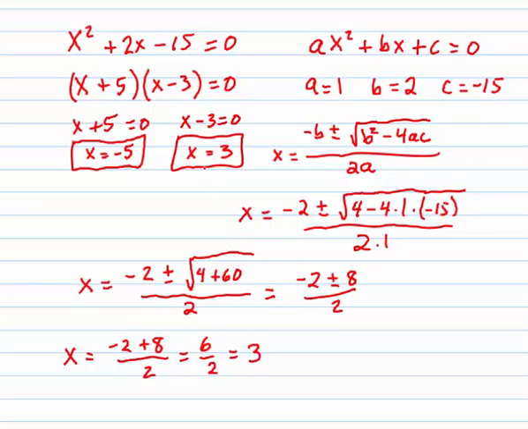And that's one of the answers that we got right here. And the other answer is x is equal to negative 2 minus 8 all over 2. And that's equal to minus 10 over 2, which is minus 5, right? And that's the other answer that we got here.